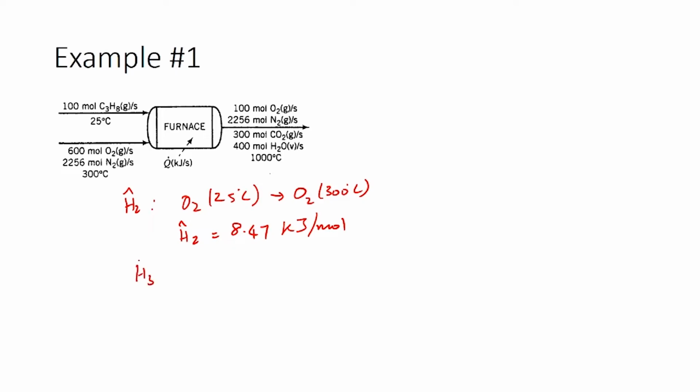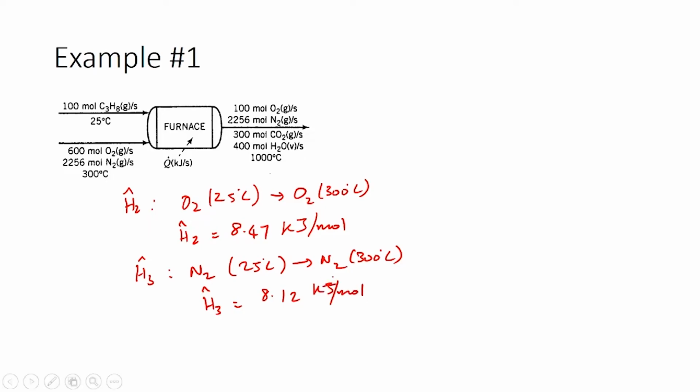Now similarly we can calculate H3 cap. H3 cap would be nitrogen going from 25 degrees Celsius to nitrogen at 300 degrees Celsius. So, your H3 cap would be equal to 8.12 kilojoules per mole, and again this can be obtained from the enthalpy table for combustion gases. What about H4 cap? H4 cap is oxygen from reference state, which is 25 degrees Celsius, going to oxygen at outlet condition, which is 1000 degrees Celsius.